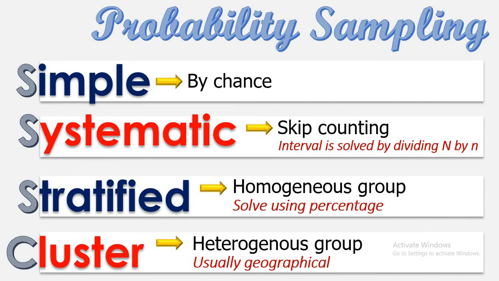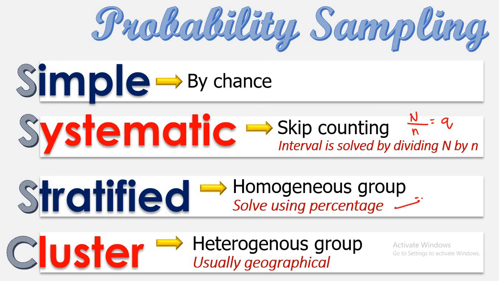So in other words, when we say probability sampling, there are four: simple, systematic, stratified, and cluster. For simple, it is by chance. Systematic is skip counting; the interval is solved by dividing N by n, so we have a formula here: N over n equals k. Stratified random sampling uses homogeneous groups.